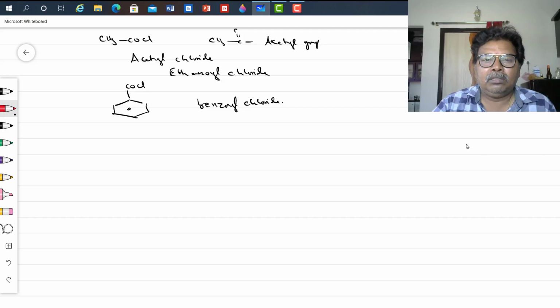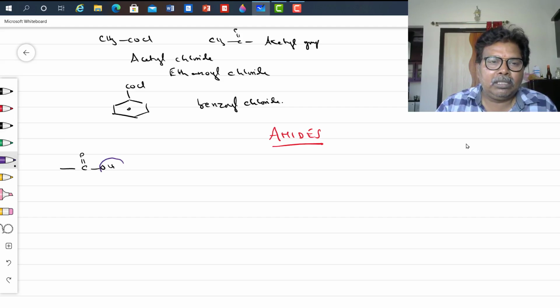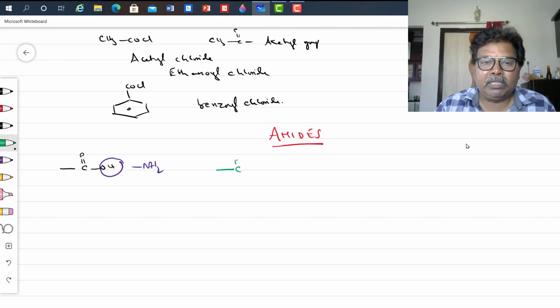Now, amides. C double bond O, OH group. In this group, the OH group is replaced by NH2, the primary amine functional group. Then the group becomes C double bond O, NH2.